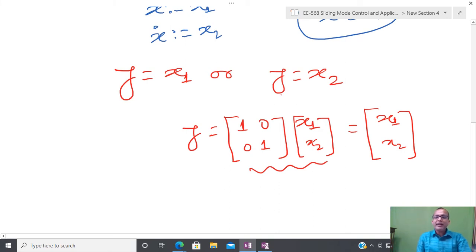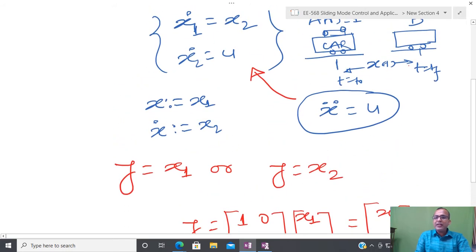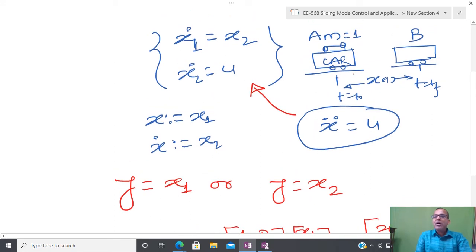Now what is our aim? Our aim is to design a control such that I am able to move this car from this point to this point. You can also state the problem like this: I am here, moving with some initial velocity, and now I have to stop this car at this point.